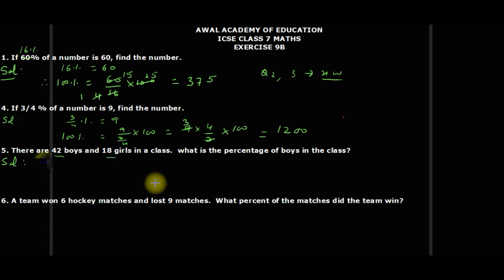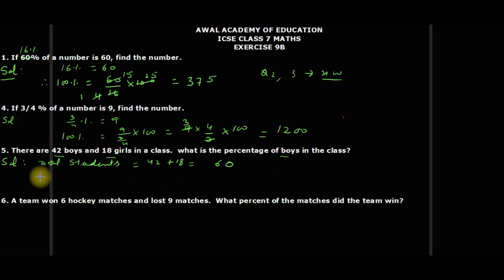So total students would become 42 boys plus 18 girls. This will come out to be 8 plus 2 is 10, 4 plus 1 plus 5 plus 1. Total students are 60. We have to find out the percentage of only boys.